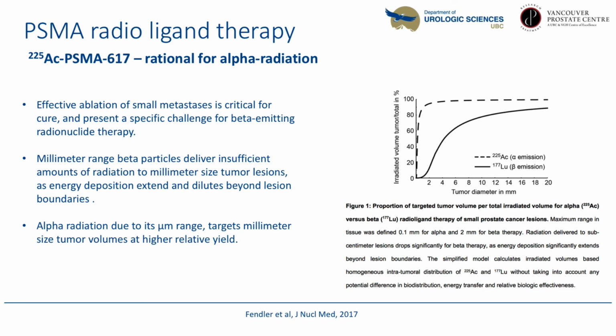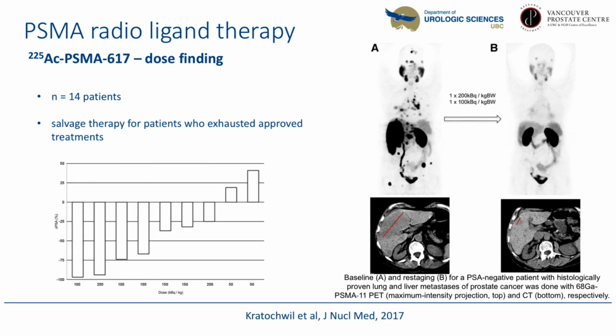What you can see on the left is a theoretical calculation for that, and you can see that the beta-emitting lutetium does have some problems here in the smaller sized lesions. And that's actually the rationale to move on with actinium, and so far actinium has been given to 14 patients.